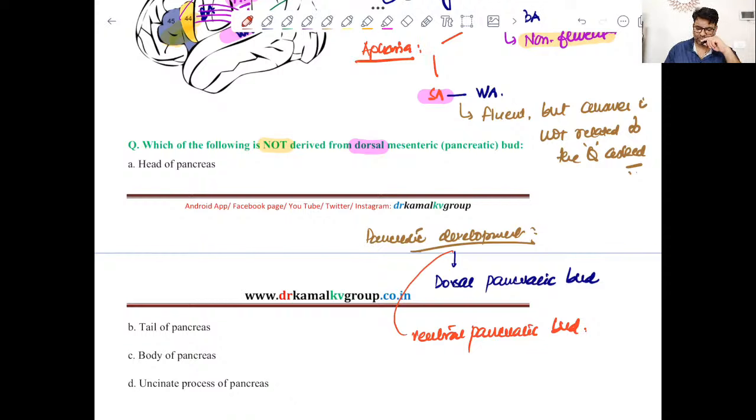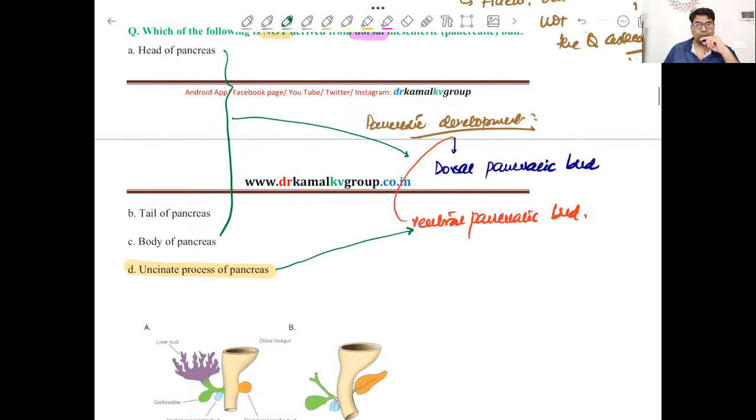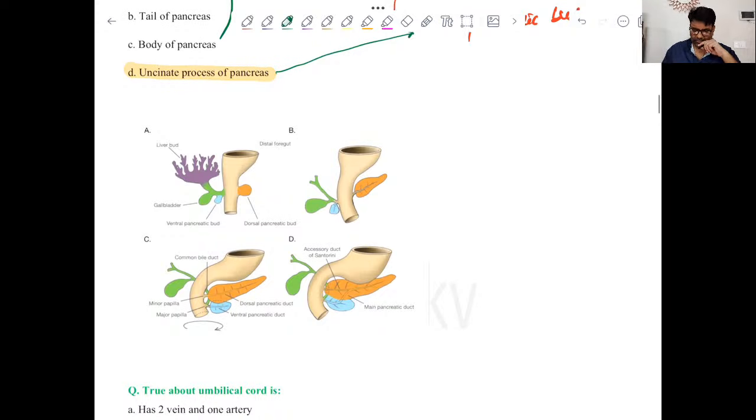Raja, Charan, Sunny, absolutely right, gentlemen, because this portion comes from ventral and all these three come from dorsal, right? Sneha, absolutely right. Shanivaz, absolutely right. So the uncinate process of the pancreas is a derivative of the ventral pancreatic duct. And if we look here, this is the dorsal pancreatic duct, and this is the ventral pancreatic duct.